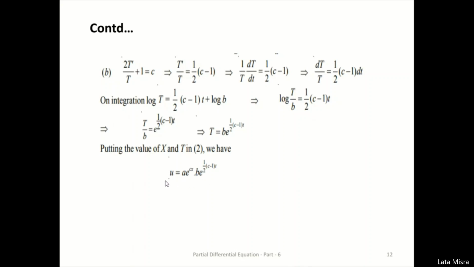So when we use u equals XT, we get u equals a e raised to cx into b e raised to 1/(2c minus 1) t. So this is our solution, but here we have a condition also.